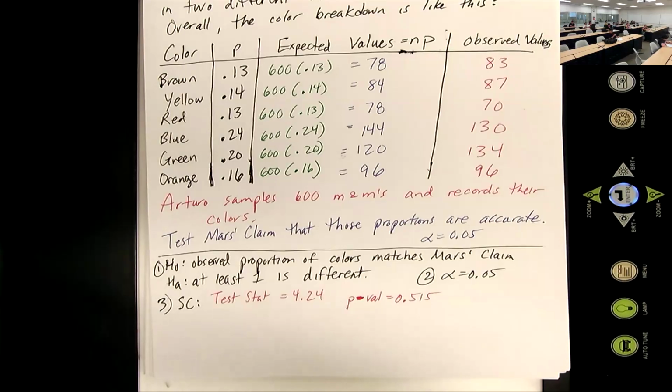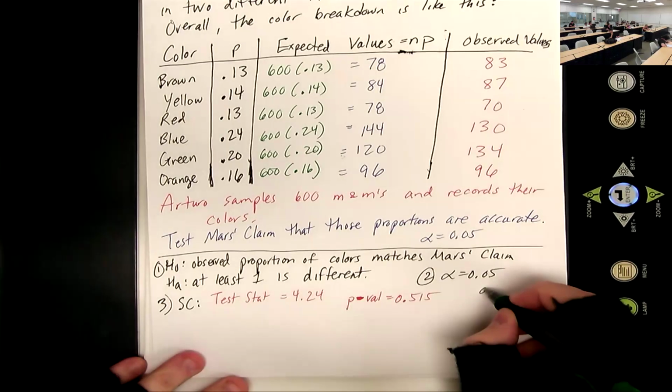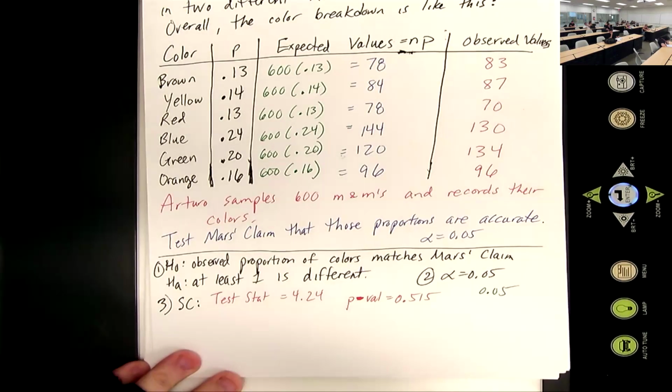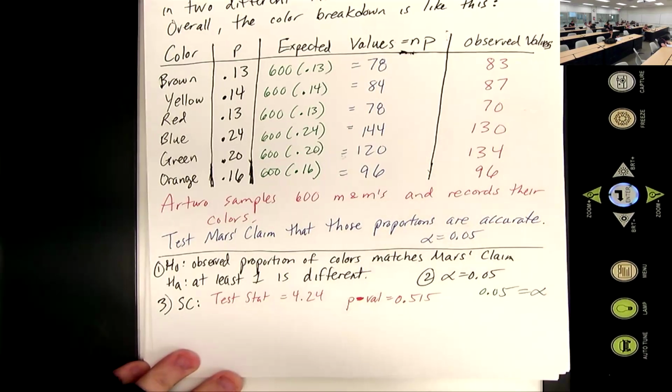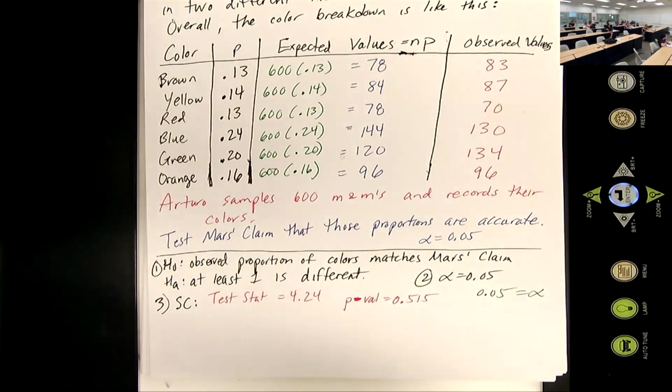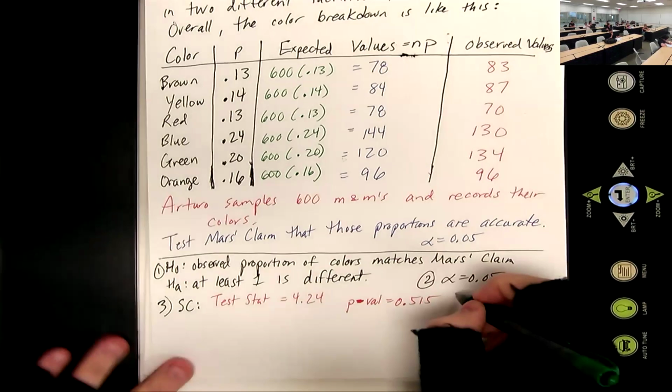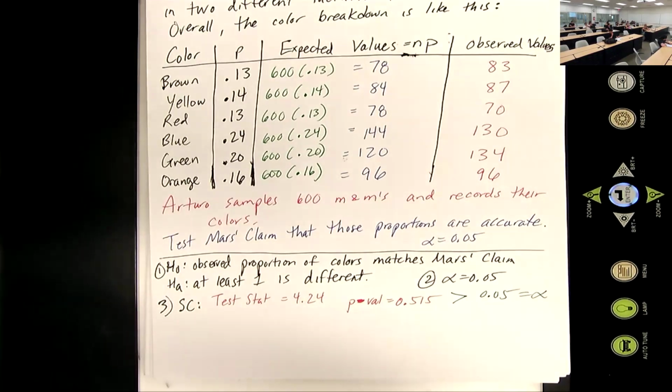What's step 4? So which one is larger? Is the p-value greater than alpha or less than alpha? And what is our verdict then?